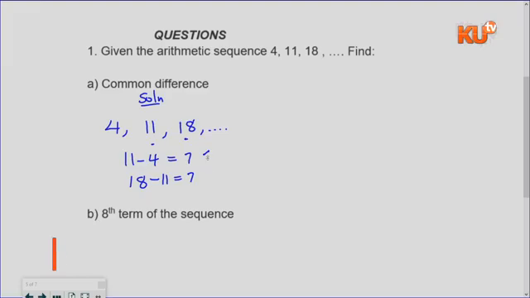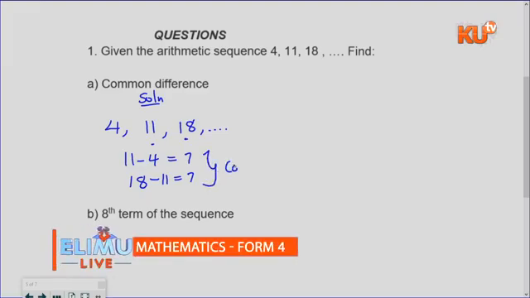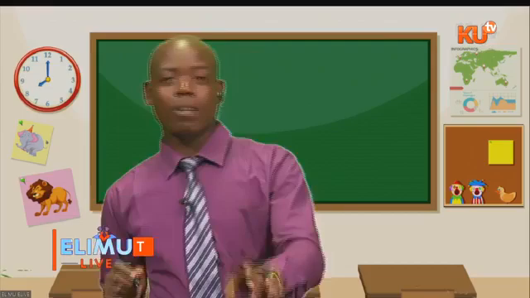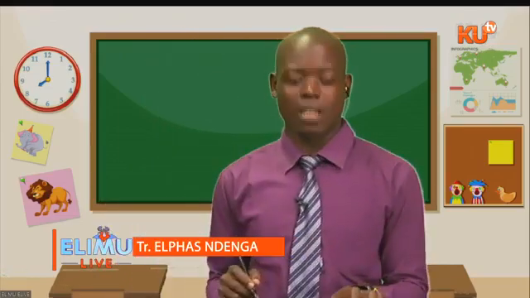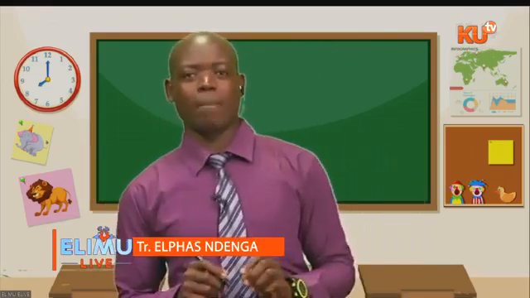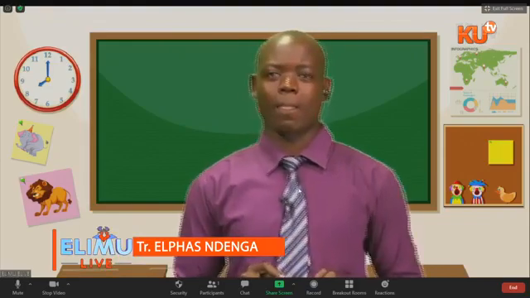So this is what we are calling the common difference. So in this case, our common difference D is equal to 7. I hope, students, you can see that, and you've gotten the same answer, 7. That is the common difference.